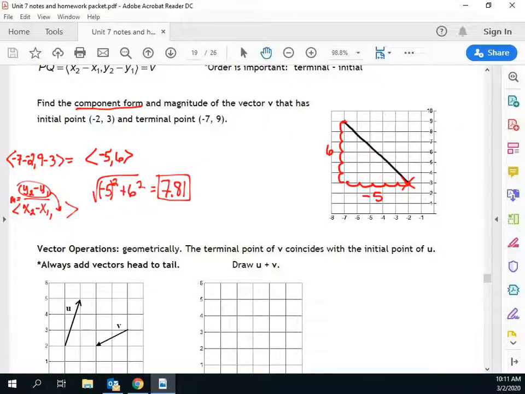That's it for component form. Magnitude: square both those numbers, add them together, and take the square root, and now you've found your magnitude. So that's just from points. If they give you points, that's what it looks like.